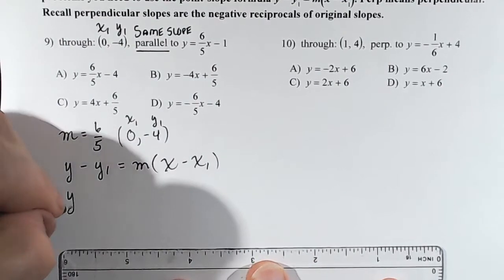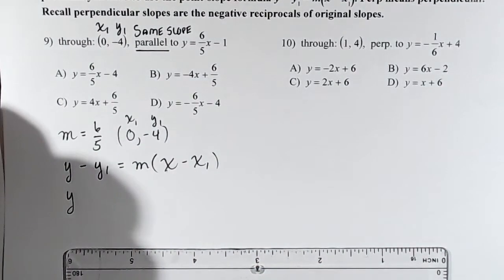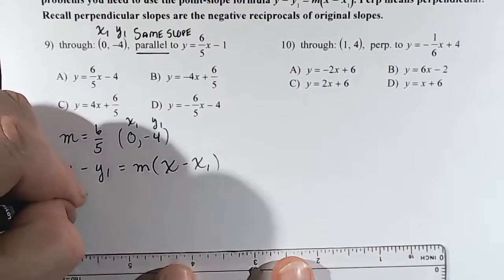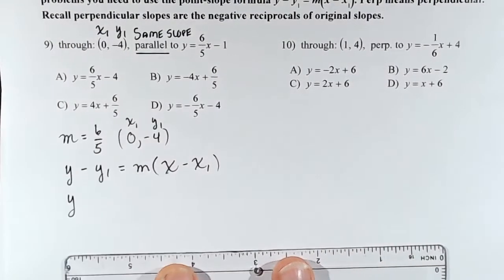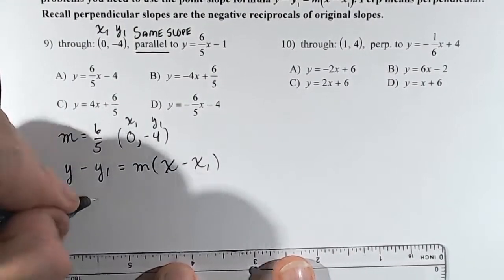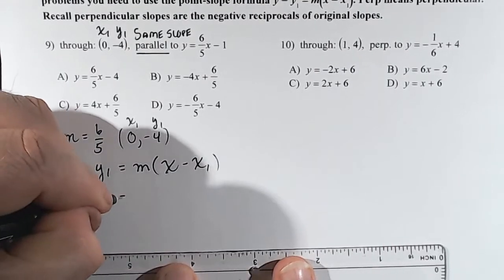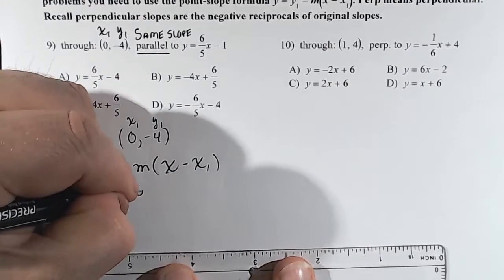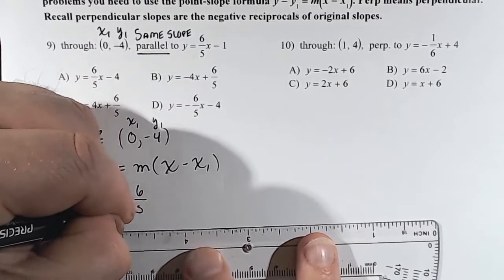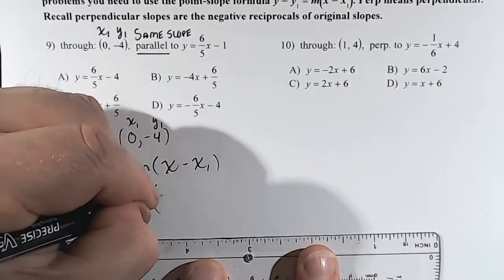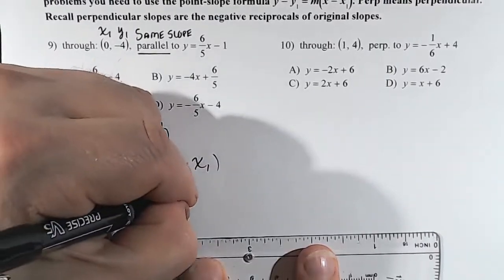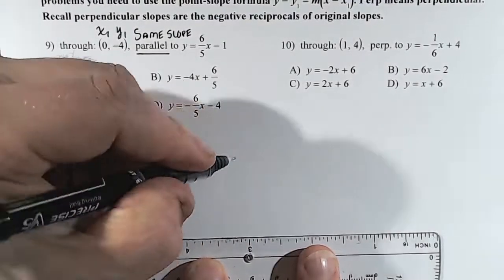So we just replace y1 and x1 with what we identified them to be, and we replace the m with the slope. Y minus negative 4, a double negative there, equals m, which is 6/5, open parentheses, x minus x1, which is 0.